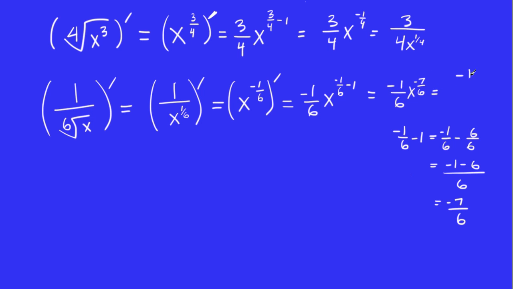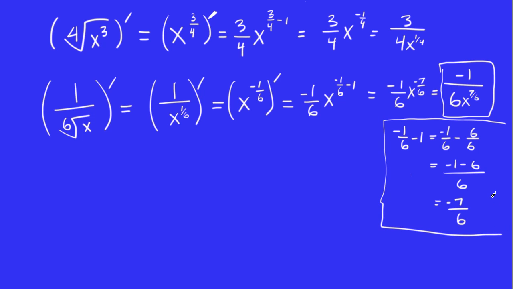And we can rewrite this with a positive exponent as follows. Positive 7 over 6. And there would be our answer, okay? This is a separate computation. All right, so sometimes you have these expressions which need to be simplified somewhat before you take the derivative.